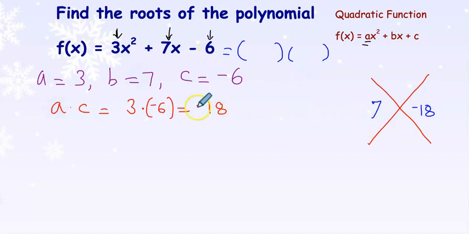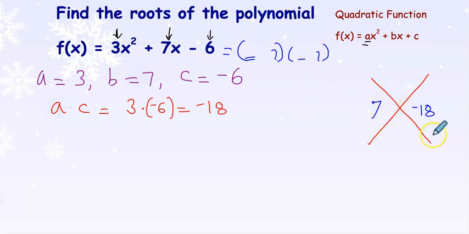I got my sum and my product, and I'm looking for 2 numbers. In fact, here 3x times x is 3x squared, but what are the other numbers? That's my question. So we have to deal with it in this way in order to get my numbers.